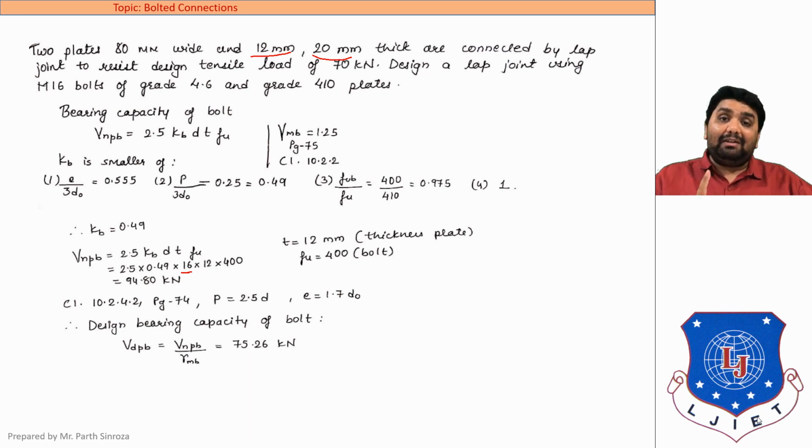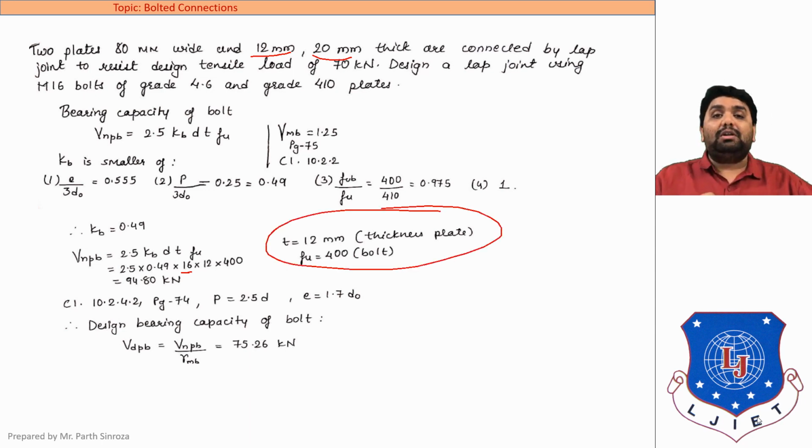Keep in mind, whenever two different thicknesses are mentioned, we will always be taking the smaller or the thinner plate. So here the thinner plate is 12 mm, so we'll be taking T as 12 mm. FU will be 400, that is of bolt. So the answer comes out to be 94.80, that is VNPB.